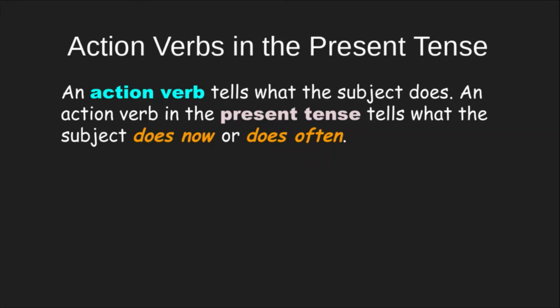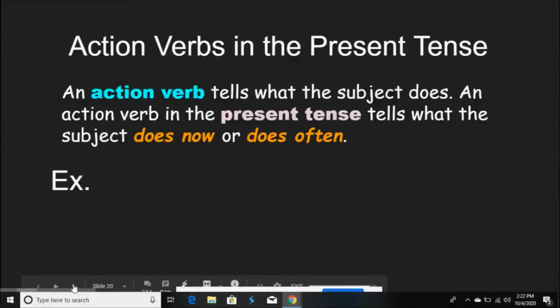That's right. So something that you are doing now is learning, right? That is an action. Something that you do often is you go to school every day. So go to school, attend school. Yes, very good. Let's look at a couple of examples.